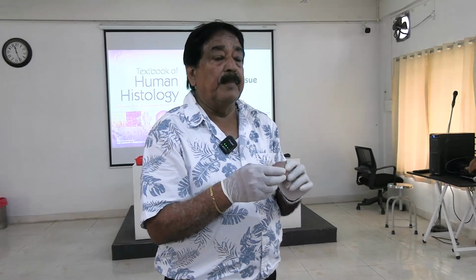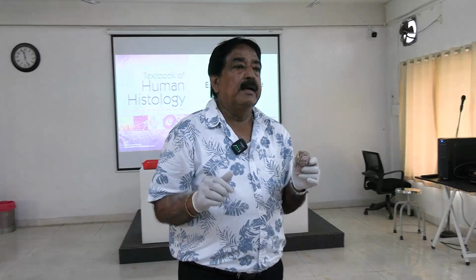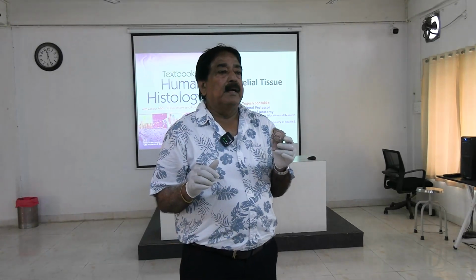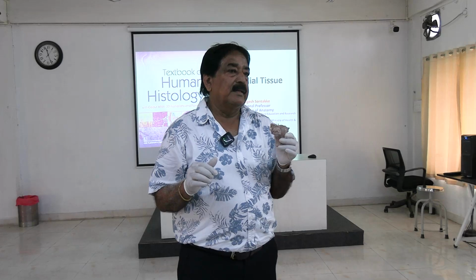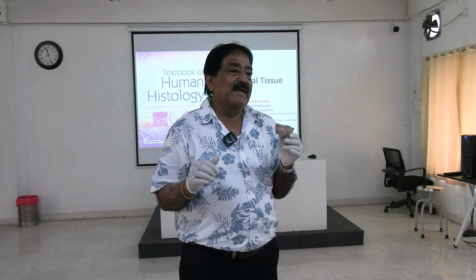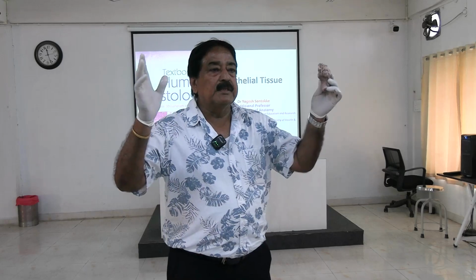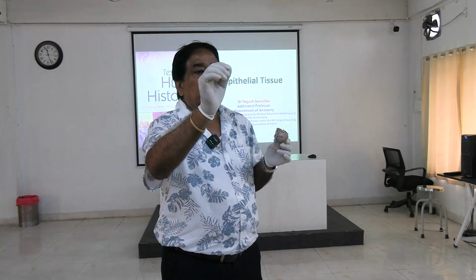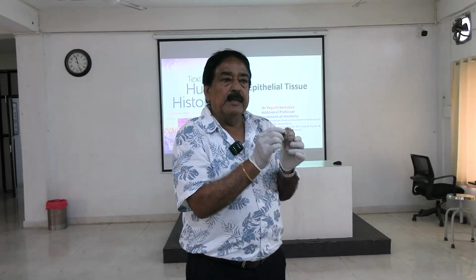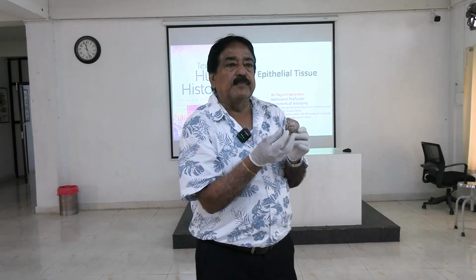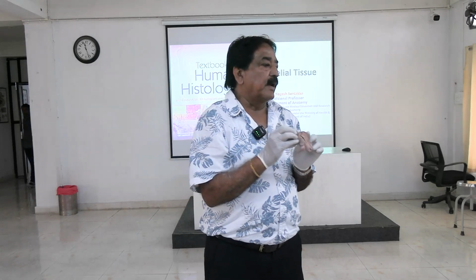But if the ovum has come earlier and is waiting in platform number 2 for the Shantiniketan Express, they collide, fuse, and implantation may occur in the tube, in the pelvic cavity, or in the normal endometrial cavity.